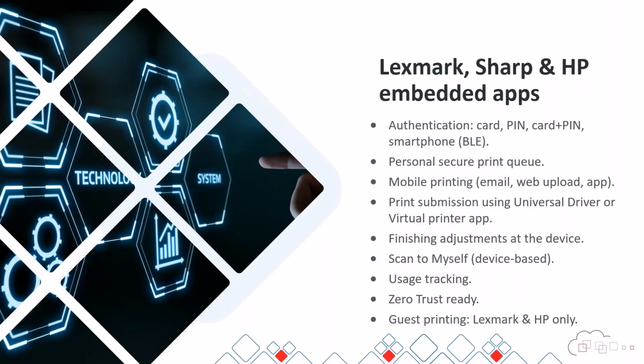Release, finishing changes, and usage tracking behave consistently at the device, and all supported configurations operate correctly in the zero trust environment. So to keep this practical, we'll use Lexmark as the on-screen example. The steps you're about to see apply in the same way to Sharp and HP unless a specific difference is called out.